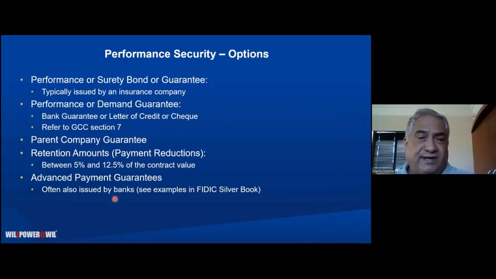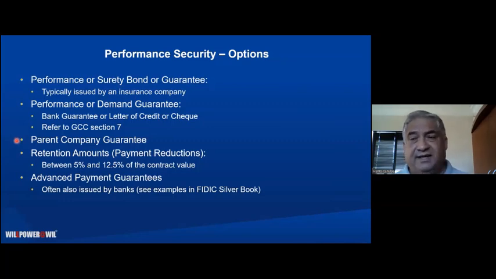You can either have a performance guarantee in the form of a surety bond, or in the form of a demand guarantee. A surety bond is typically issued by insurance companies, and a demand guarantee, or bank guarantee, is typically issued by banks. Okay.